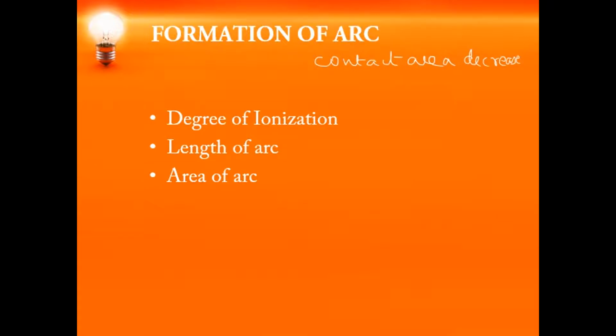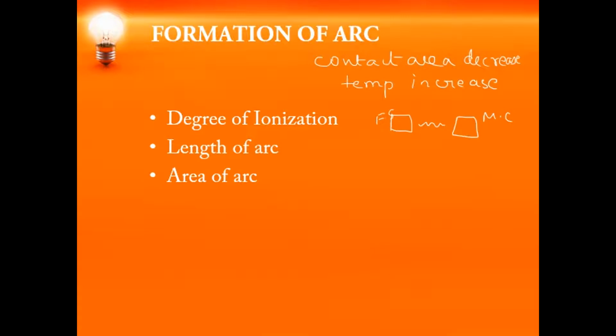So when large fault current flows, what will happen? Temperature will increase. Say this is the fixed contact and you have the moving contact, and these are separated. On separation, the contact area will decrease and the temperature will increase.